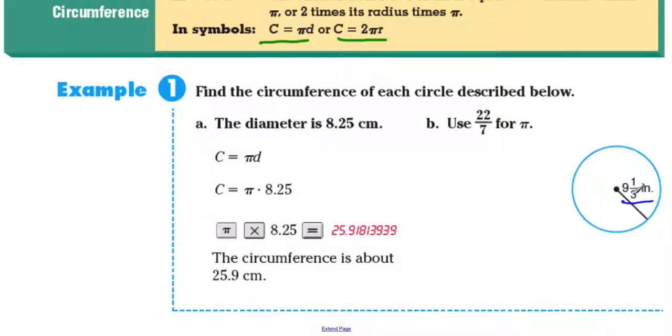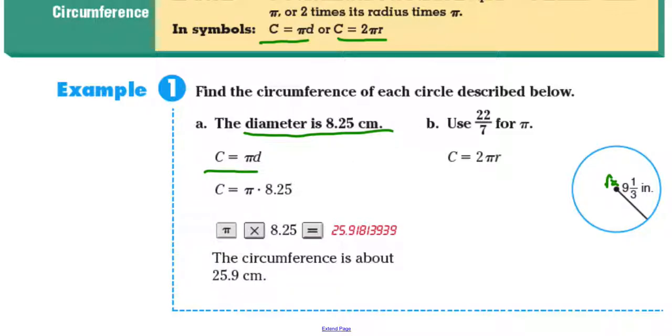If the value given is a fraction, then we use the approximate value of 22/7 for pi because that too is a fraction. So we'll write down the formula 2 pi r. Why 2 pi r? Because you're given the radius, right here. In the previous problem, you were given the diameter, and that's why you used that formula.